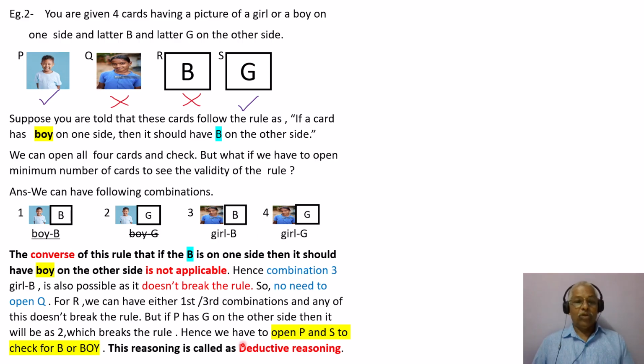Okay, so hence we have to open P and yes to check for B whether there is really B or not, and boy, there is no boy. Okay, so that it doesn't break the rule. This reasoning is called as a deductive reasoning. Okay, got it?